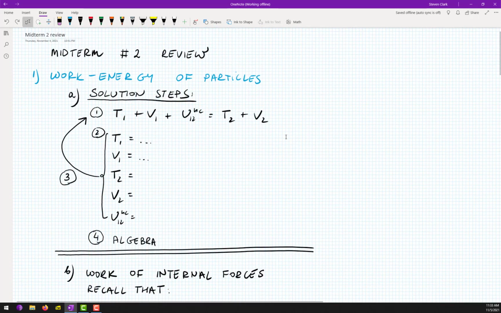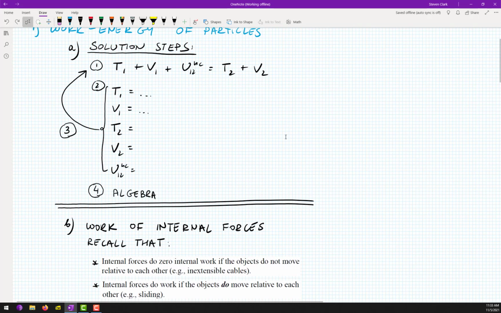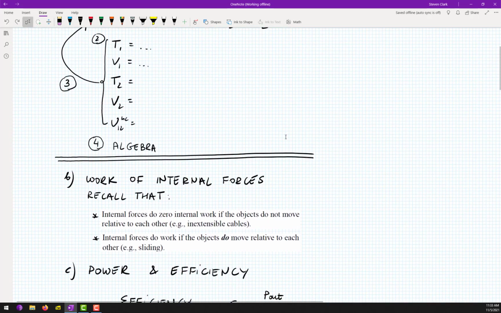So that was what we started with. Then we talked about internal forces. When there's an internal force in the system, it doesn't do any work if objects do not move relatively to one another. For example, tension in the cord does not do any work in the system.